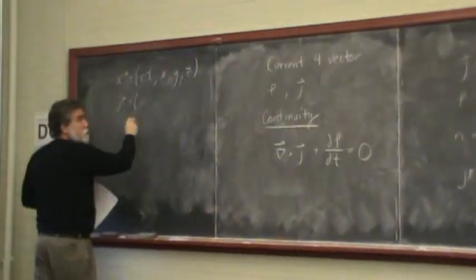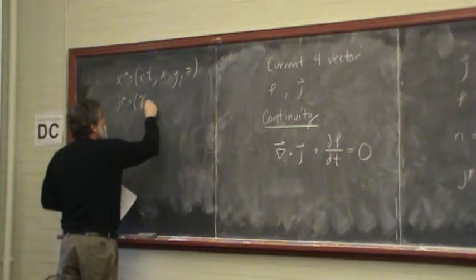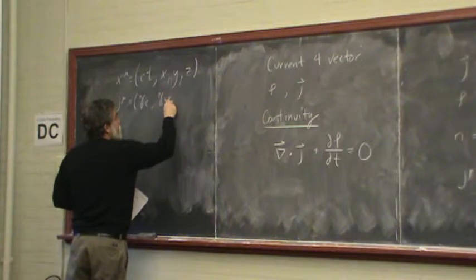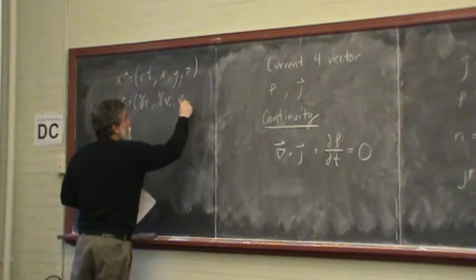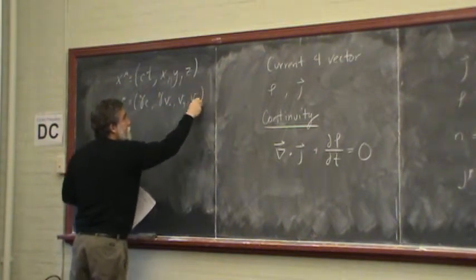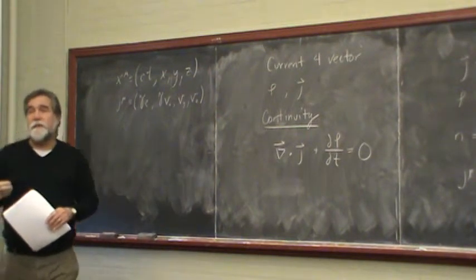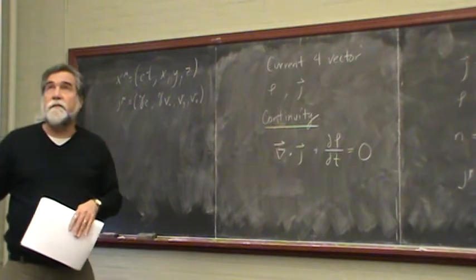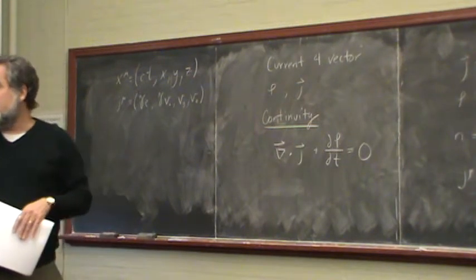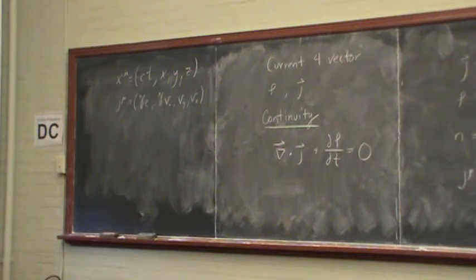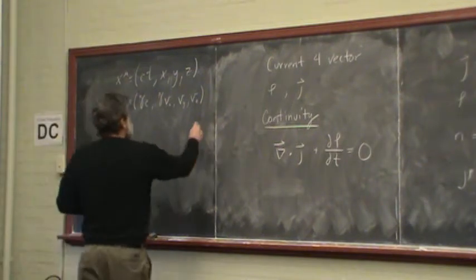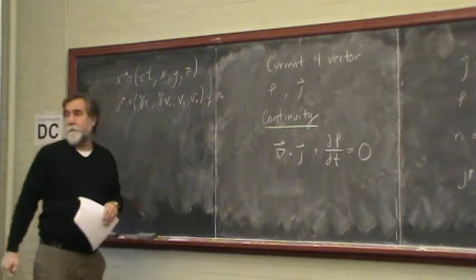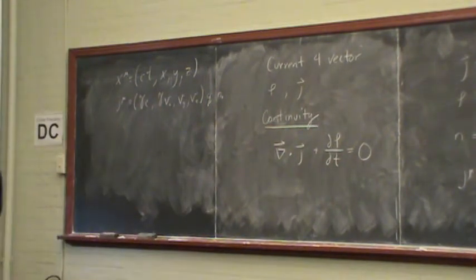Current 4-vector is gamma c, gamma Vx, Vy, Vz. The gammas appear there for motion along the x direction. Oh, I dropped them. Thank you.